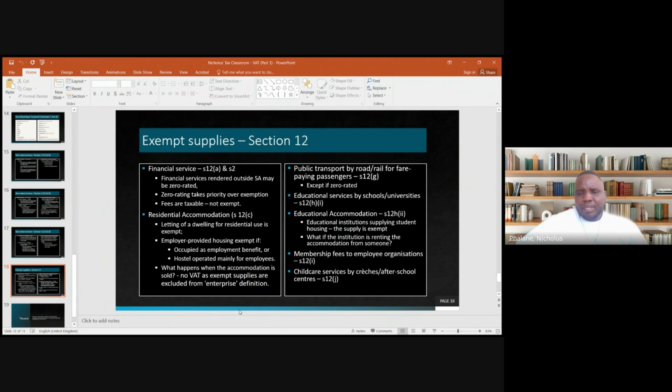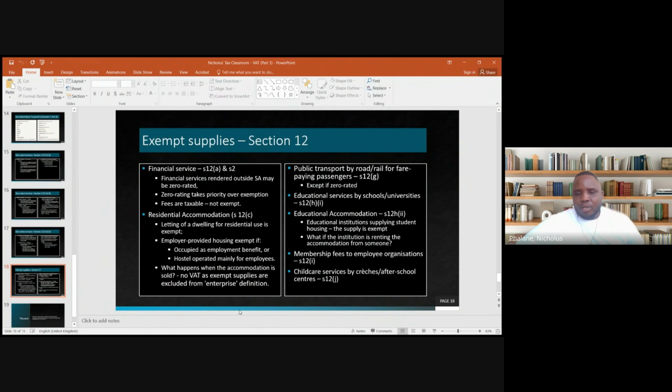All right. But then what happens if the institution doesn't own the accommodation? Because it does happen that some institutions do not own the accommodation, right? So basically, they are renting the accommodation from someone else, and then they supply that accommodation or housing to students, right?